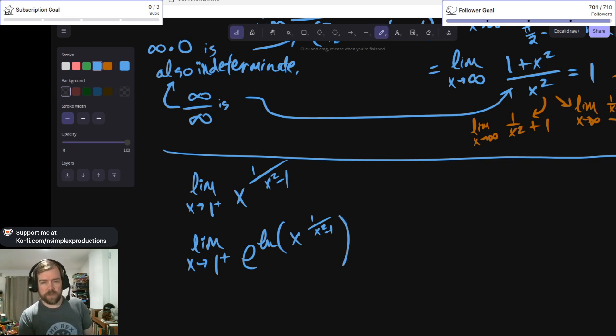Since it's a natural log, that means that this is going to be the limit as x goes to 1 from the positive side of e raised to the 1 over x squared minus 1 times natural log of x.